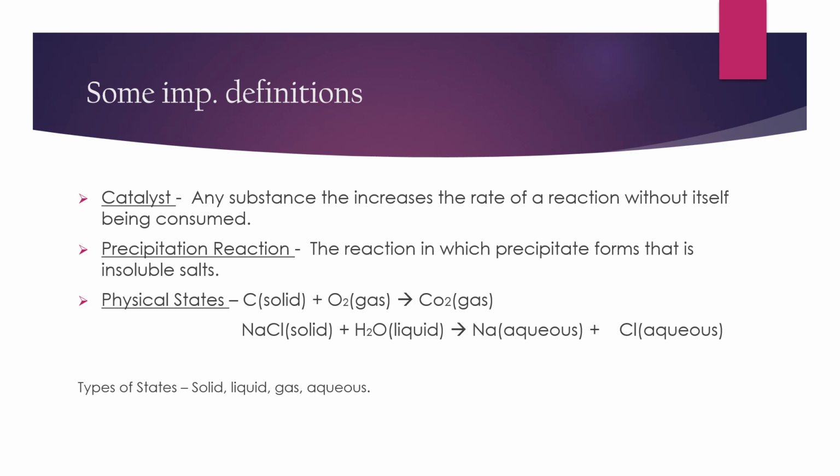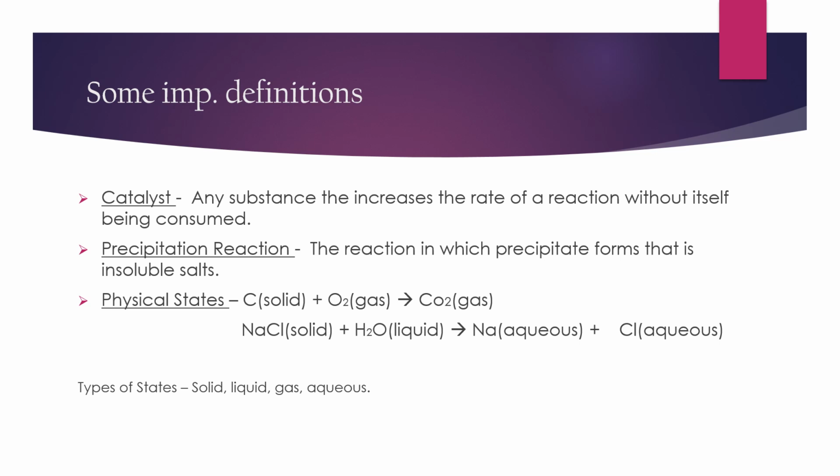In this reaction, we can see only two forms of physical states, solid and gaseous. But in the second reaction, NaCl, sodium chloride, plus H2O equals Na plus Cl. NaCl is present in solid form, H2O is present in liquid form. This term aqueous is new to us. So what is an aqueous solution? Aqueous is nothing other than substances which are soluble in water.